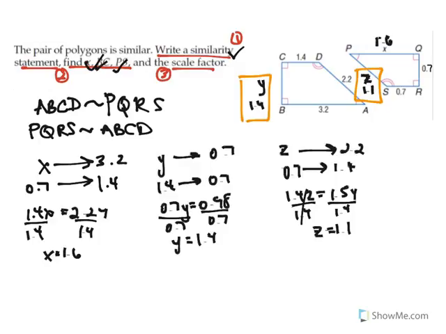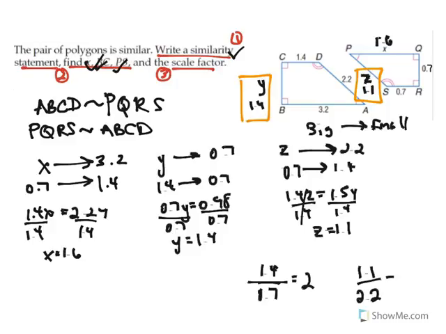If I go from big figure to small figure, I'm going to do 1.4 divided by 0.7, and I'm going to get 2. But if I did from small to big, I would do 1.1 divided by 2.2, and I would get 1/2.